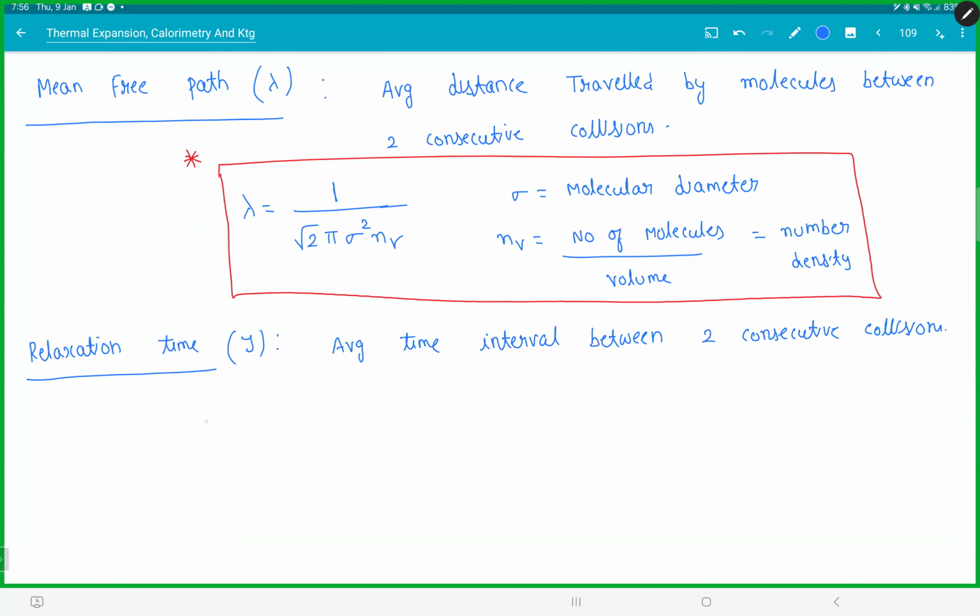How do we get that? Simple. Time is nothing but distance by speed, which means mean speed. So this formula becomes 1 by root 2 pi sigma square NV into v mean. And what is v mean? Root of 8RT by pi m.